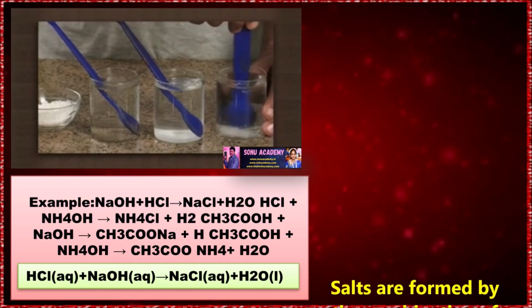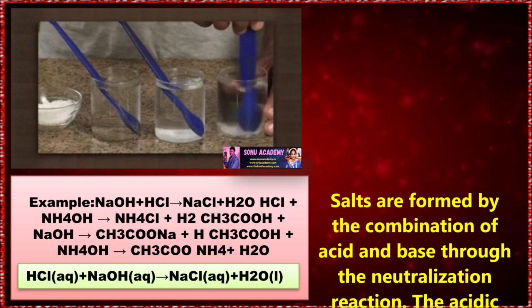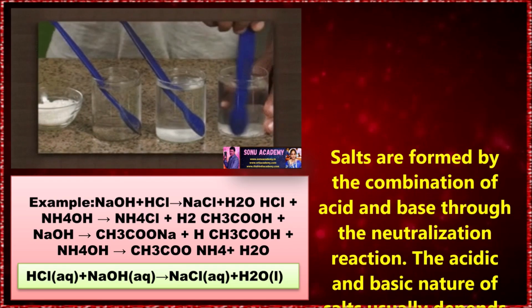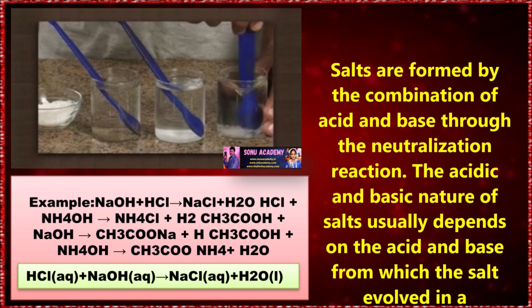Salts are formed by the combination of an acid and a base through the neutralization reaction. The acidic and basic nature of salts usually depends on the acid and base from which the salt evolved in the neutralization reaction.